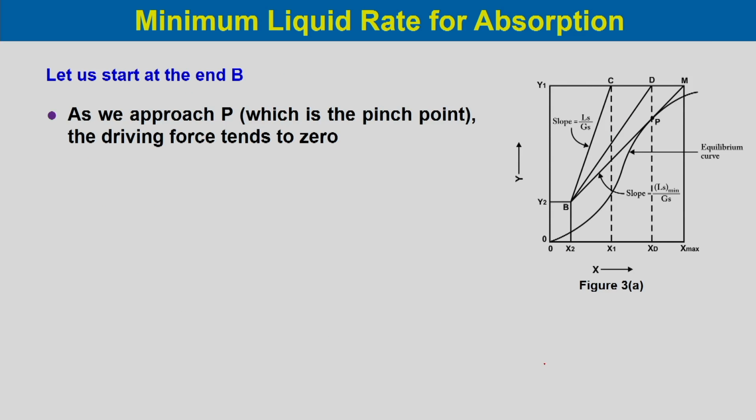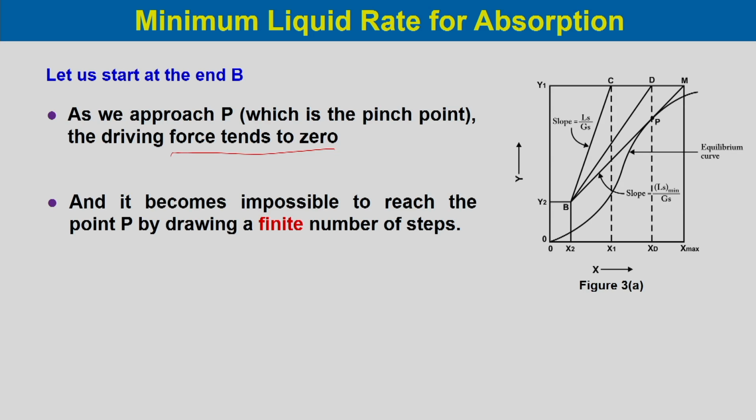Let us start at point B. As we approach P, which is the pinch point, the driving force tends to 0 and it becomes impossible to reach the point P by drawing a finite number of steps. As you go on drawing the steps towards the pinch point, the driving force is so small that you can't reach this point P by drawing a finite number of treads.